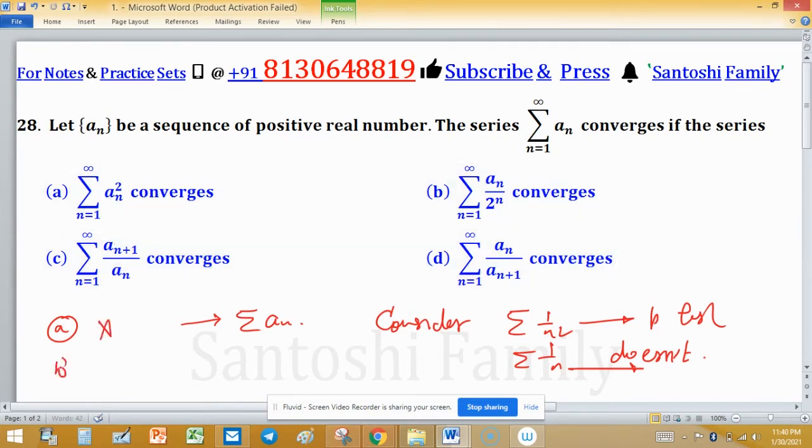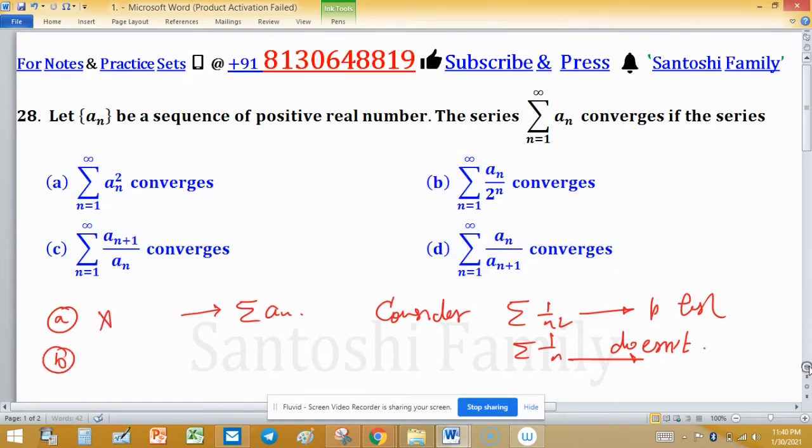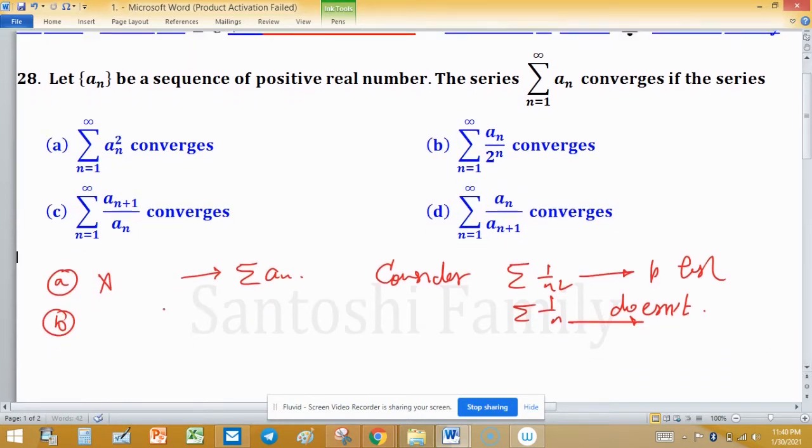Now come to option B. Option B says summation a_n upon 2 raised to the power n converges, meaning the limit of a_n upon 2 raised to the power n will be 0. That is clearly understood.